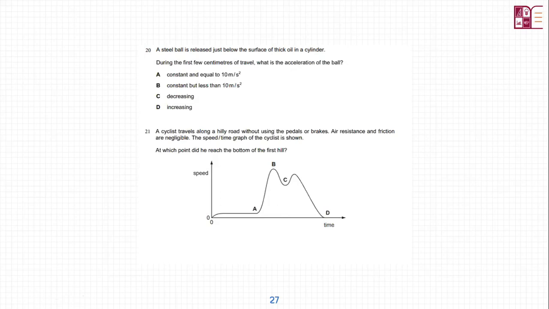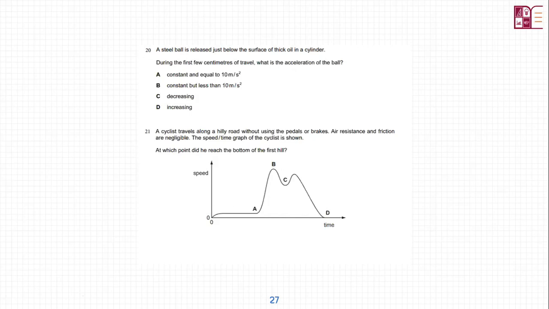A steel ball is released just below the surface of a thick oil in a cylinder. During the first few meters of the travel, what is the acceleration of the ball? Now, it's a thick oil, so the resistance in the oil would be a lot.